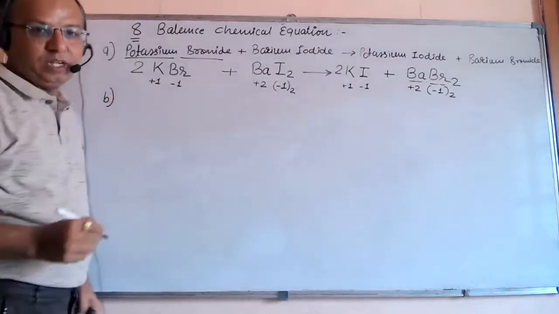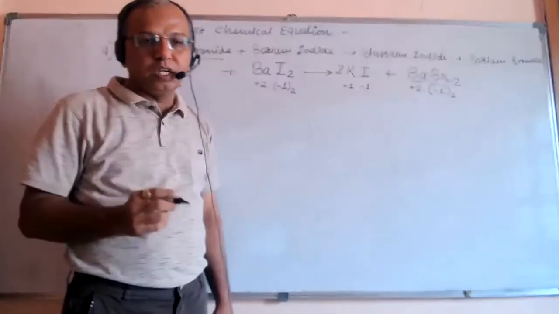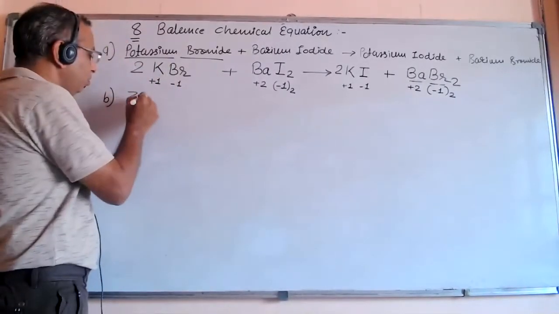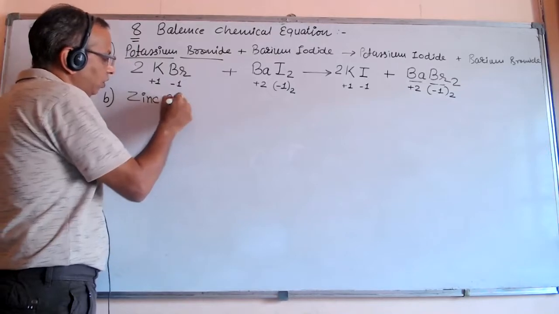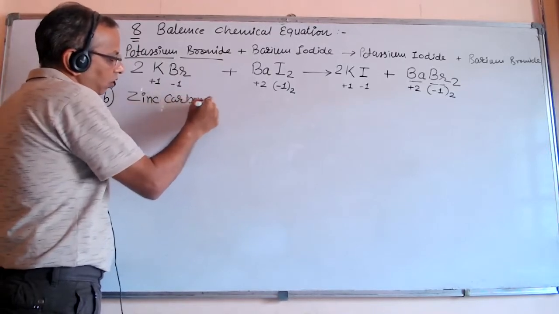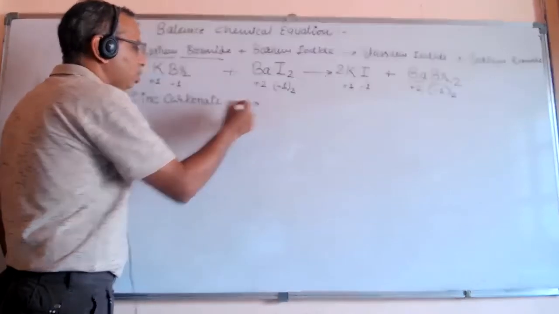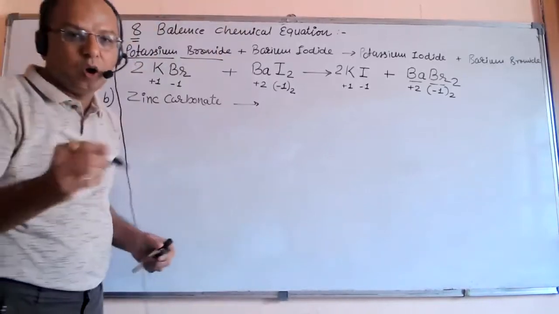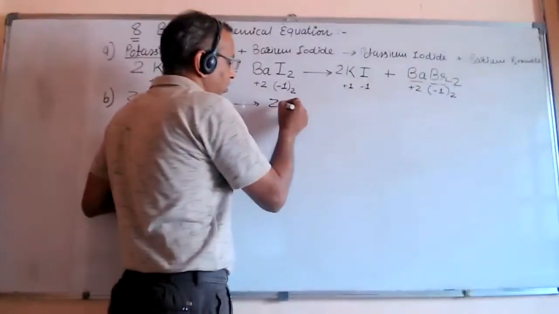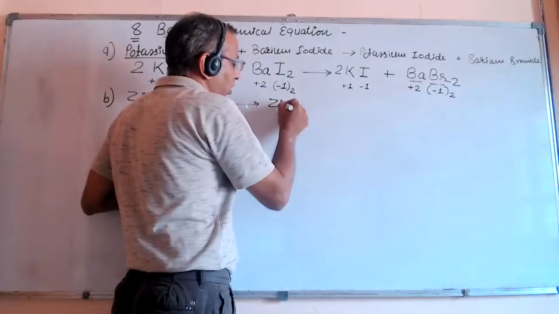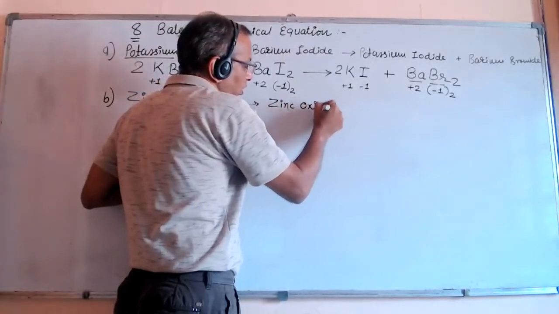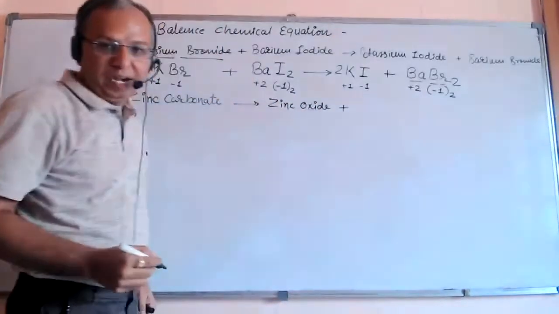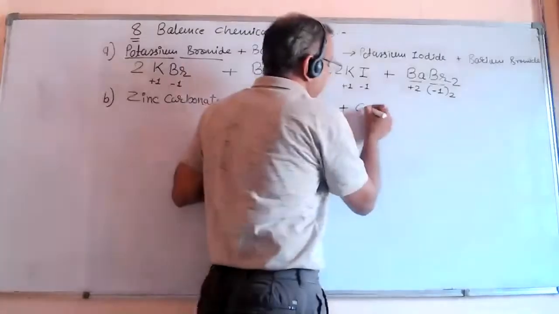Next question, friends, is given zinc carbonate. Only one substance is given on left side, friends. Gives us zinc oxide and carbon dioxide.